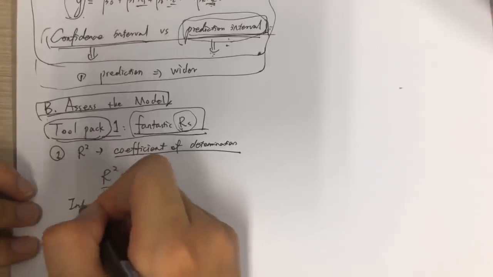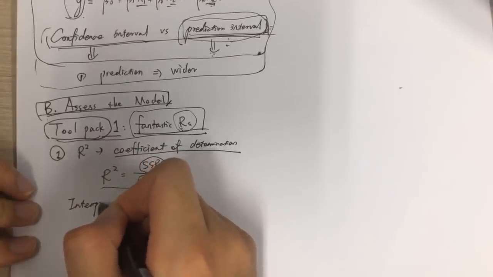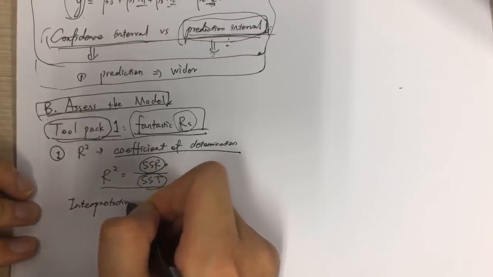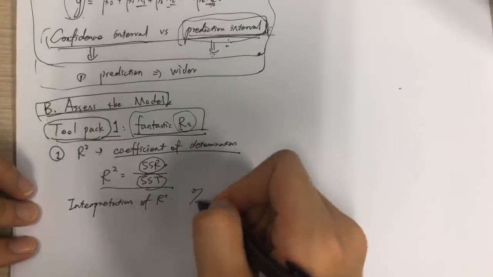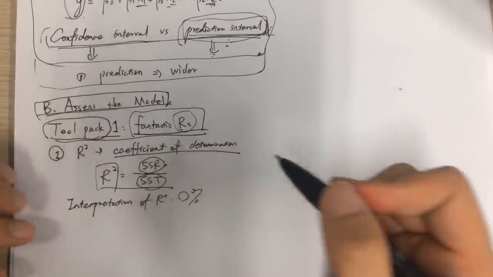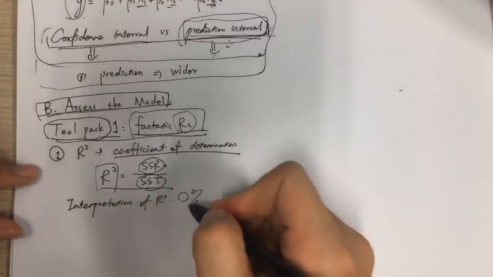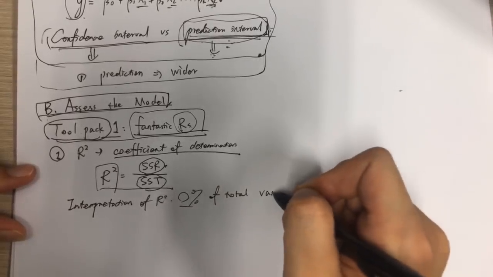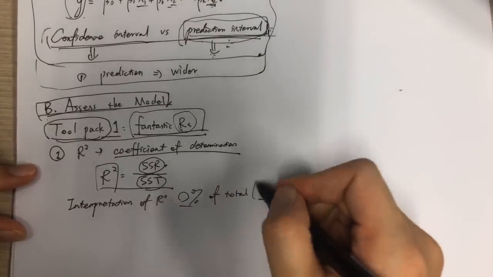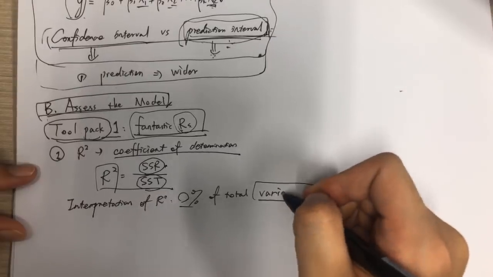So the interpretation of R square is that whatever percent, when you calculate the percentage of R square, whatever percent of total variation, so the key thing is you need to write down the variation here, okay?